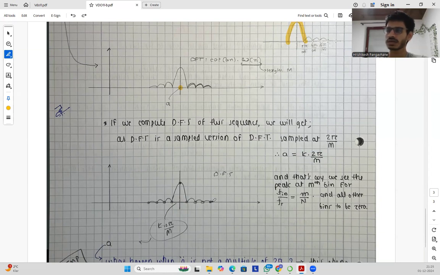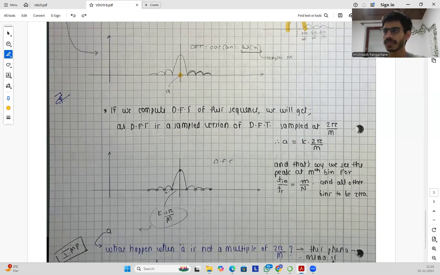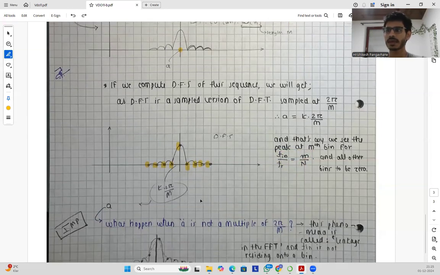So this is how the spectrum of the discrete Fourier series looks, and these are the samples of our DFS, right? Based on this spectrum, we can say that we see the peak at the mth bin for Fn by Fs equals m by n, and all other bins are basically 0.